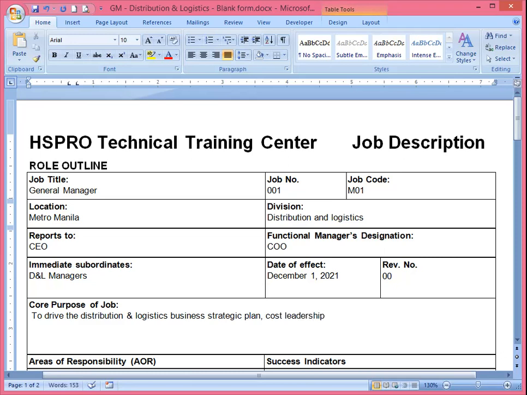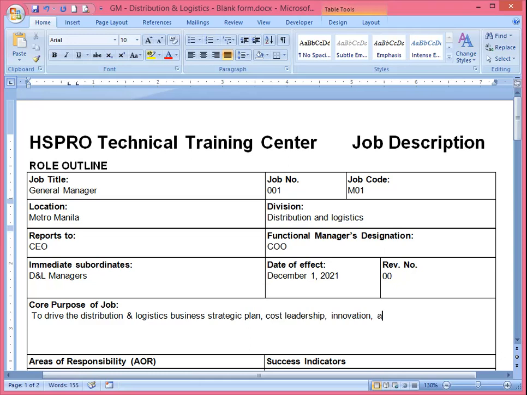And then what else? Innovation. The GM should be innovative, because when you belong to supply chain management, you should be innovative in order for you to be successful, in order for you to hit all your smart objectives and all your goals. So you have to be innovative.